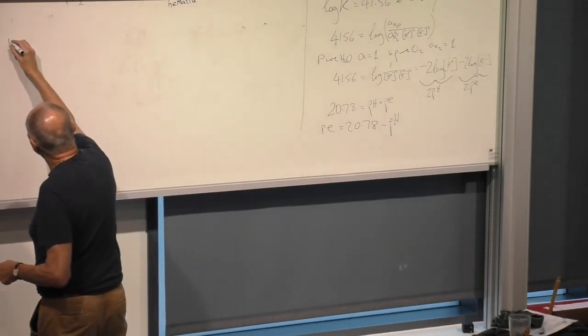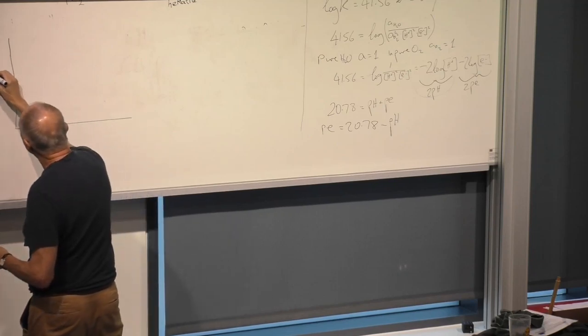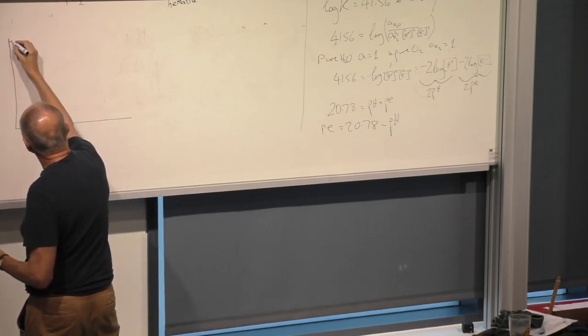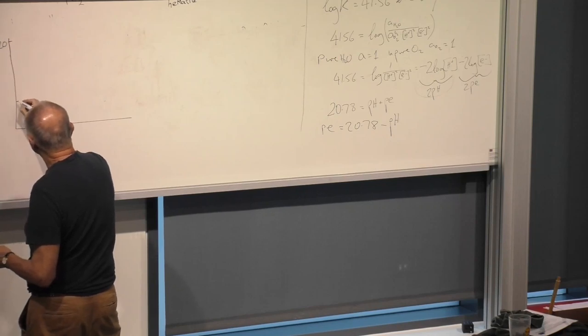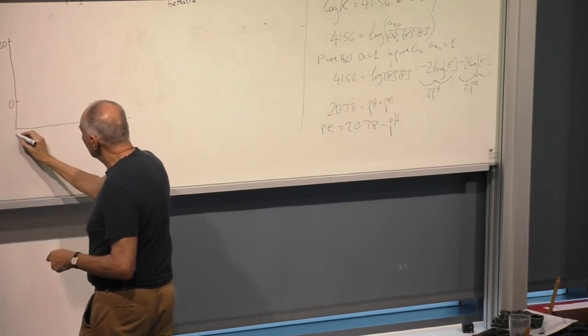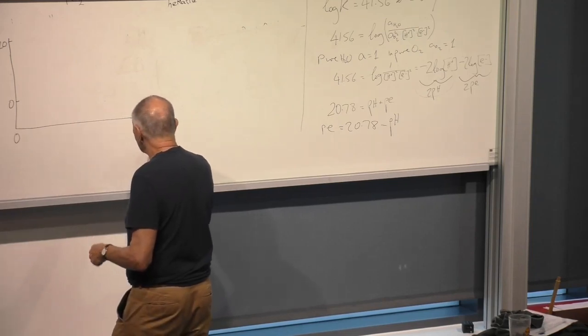So we can plot this diagram, pe against pH. And let's put 20 there and 0 there. pH would be 0. And let's say 14 would be there.